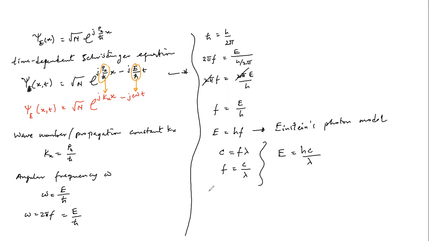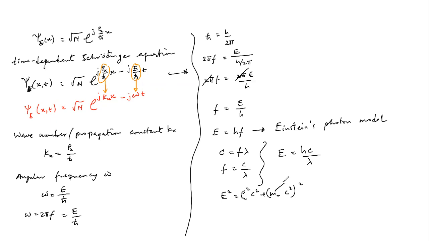But according to special relativity, we have E squared the same as p x squared c squared plus m squared c to the fourth.